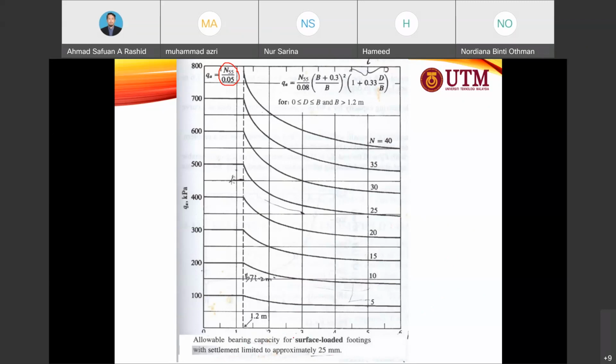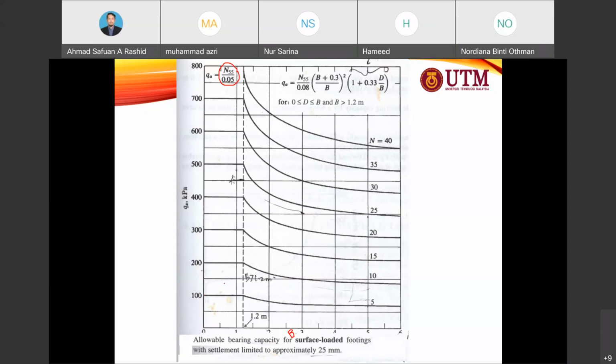If B is less than 1.2, it provides the same value of bearing capacity.